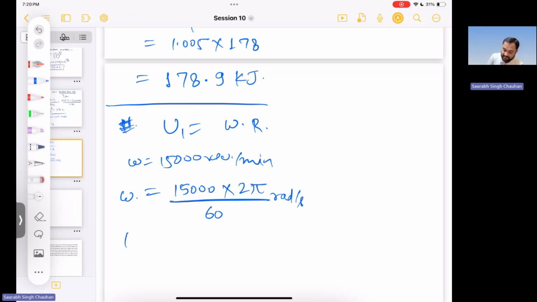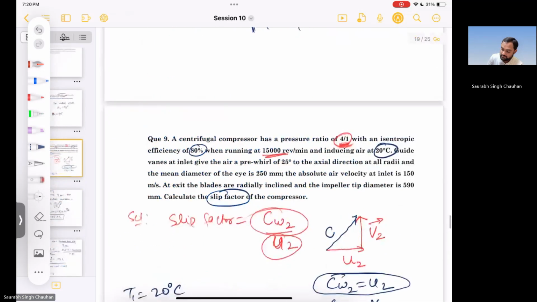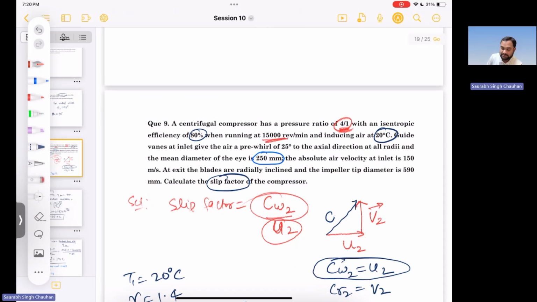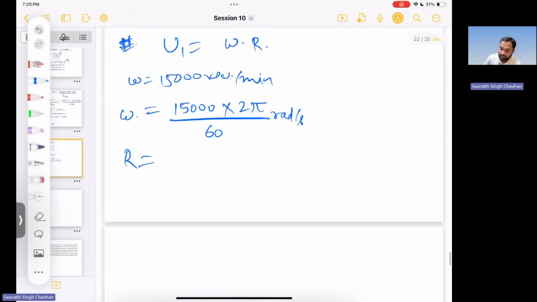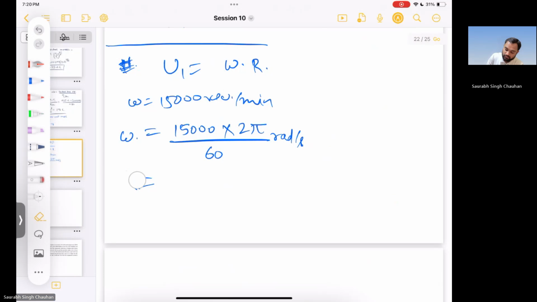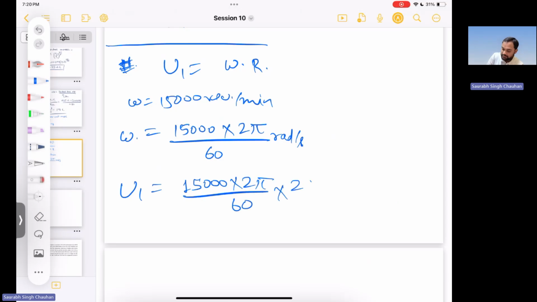And the radius, is the radius given? Radius is not given, but mean diameter is given. So you can take the mean radius as half of this mean diameter. U1 is equal to omega, 15,000 times 2 pi by 60, times 250 into 10 to the power minus 3, that was in mm, divided by 2.